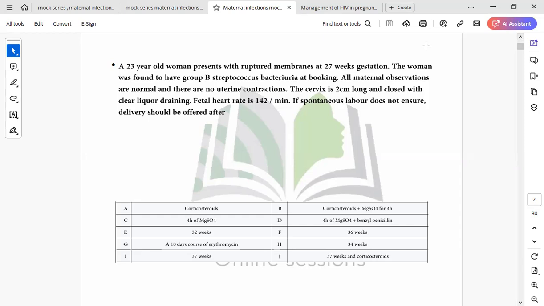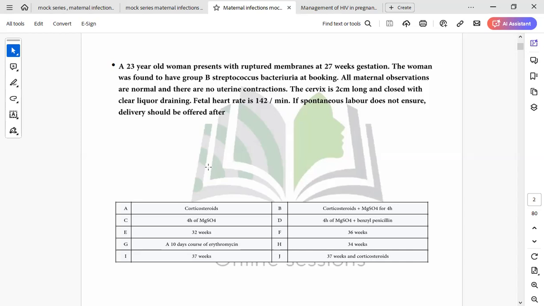By the way, corticosteroids are a correct answer. Erythromycin is a correct answer. If she was having contractions, tocolytics is a correct answer, but it's about priority because this is a theoretical exam.